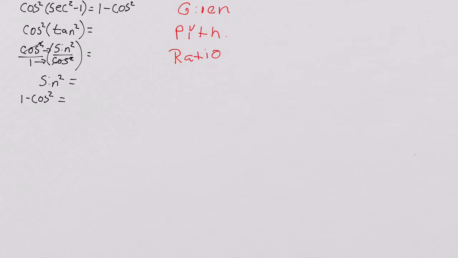Once I rewrote it in the ratio identity, I multiplied my fractions and simplified. And then my very last step, I substituted in sine squared, replaced it with 1 minus cosine squared, which once again is the Pythagorean identity.